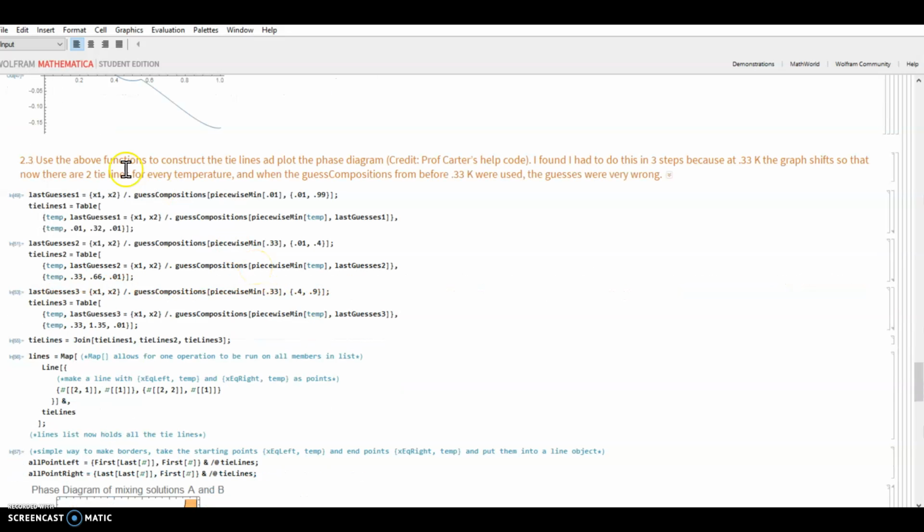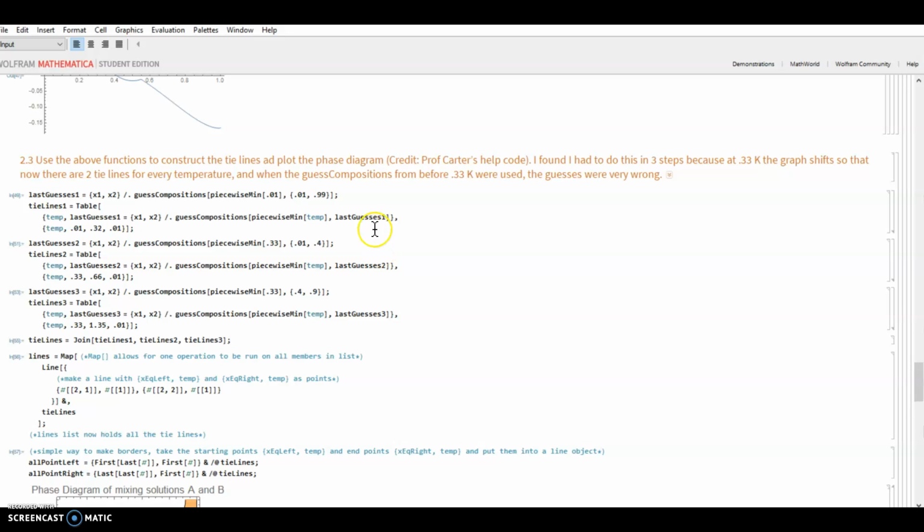So we can use the piecewise function and the common tangent compositions function to generate the common tangent compositions at every temperature. We use a table to do this trick where we assign the compositions found at one temperature to this dummy variable called last guesses.